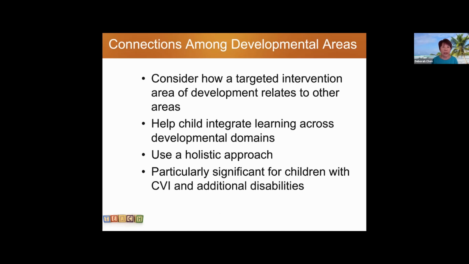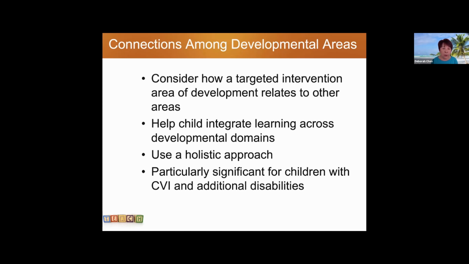We know that there are interconnections between developmental areas. So as you work with a child, consider how the targeted intervention area of development relates to other areas. And think about how you can help the child integrate learning across other areas.